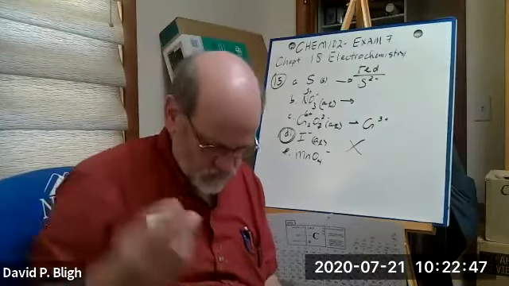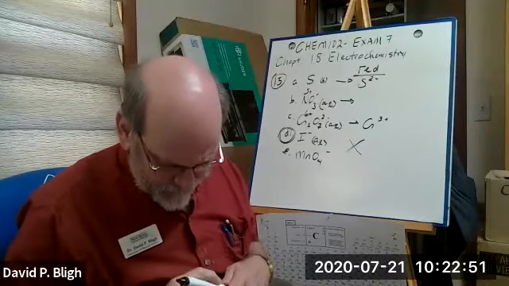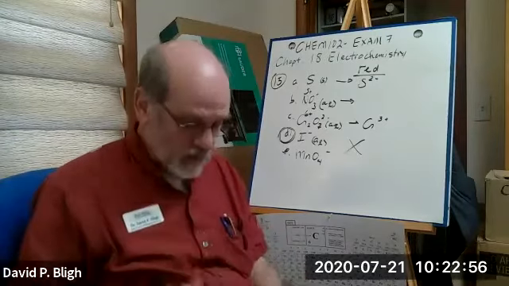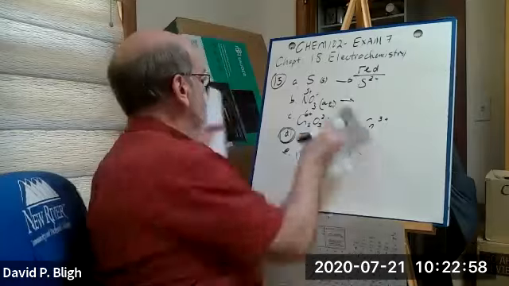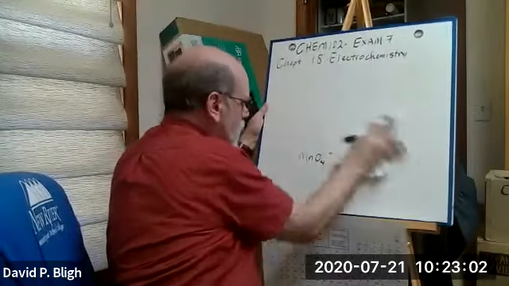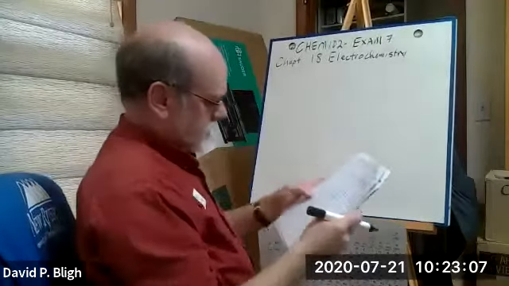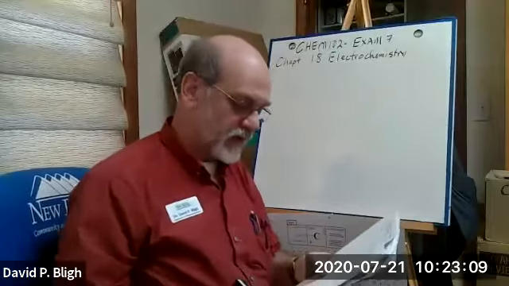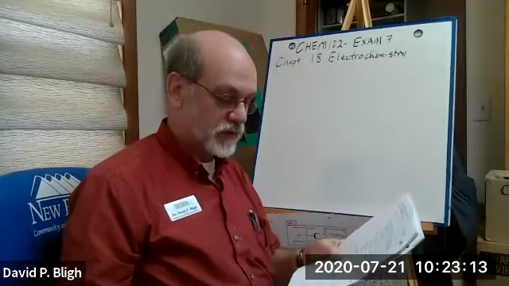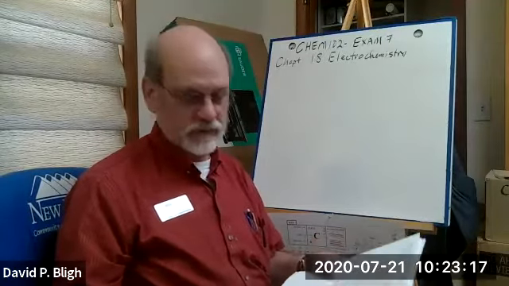Okay. Let's see. Ooh, 16's a good one. All right. 16. Which metal, aluminum or nickel, could reduce zinc 2 plus to zinc metal if placed in a zinc 2 plus aqueous solution?